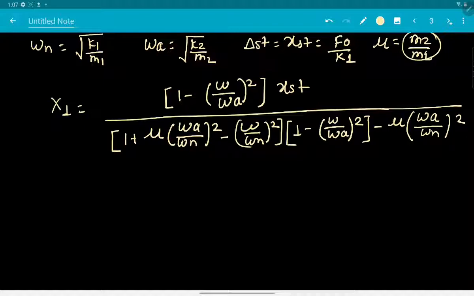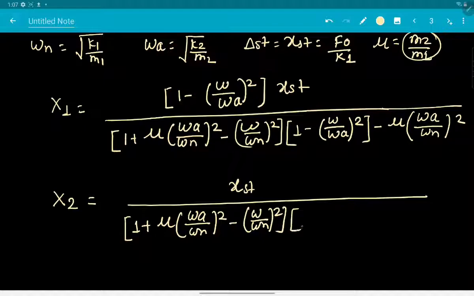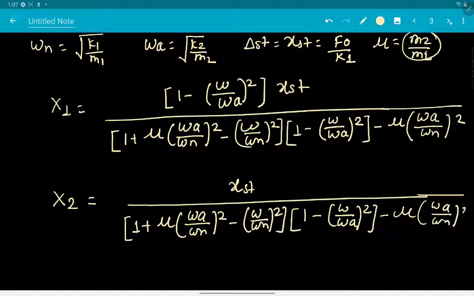Okay, so this is the amplitude of x1, that is the primary mass, and the amplitude of the secondary mass comes out to be equal to xst divided by the same stuff, that is 1 plus mu times omega a by omega n whole square minus omega by omega n square multiplied by 1 minus omega by omega a the whole square, minus mu times omega a by omega n whole square. Okay, so these are the amplitudes of the primary mass and the secondary mass that we have obtained.